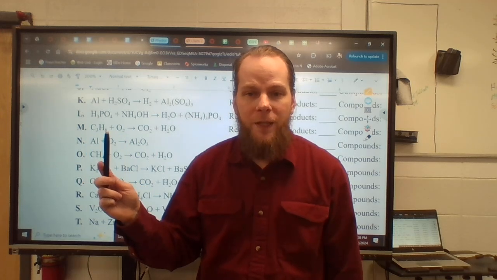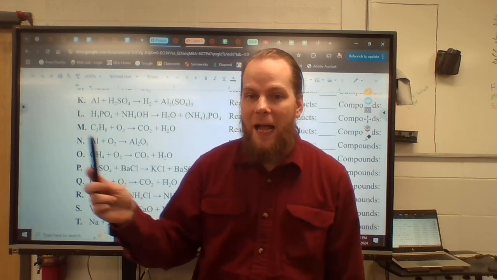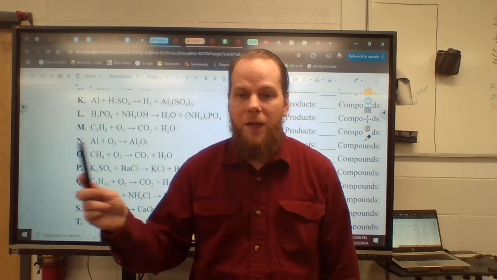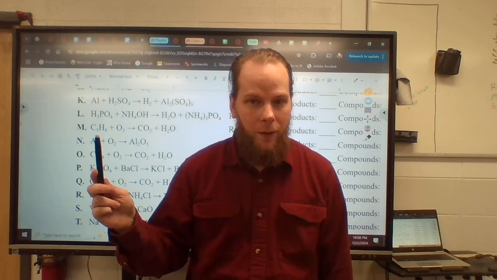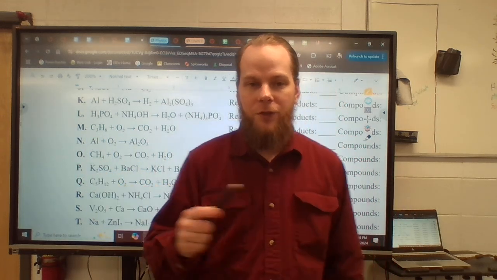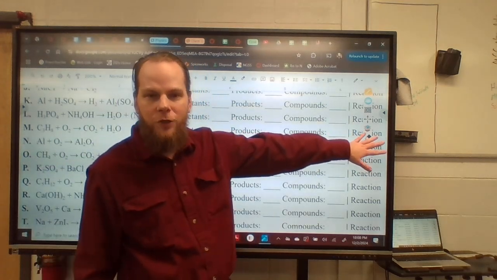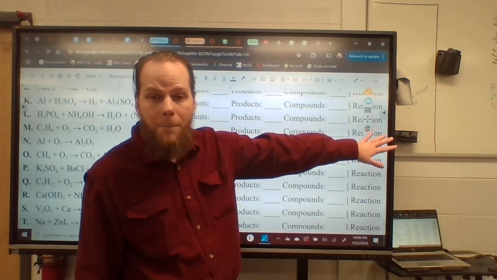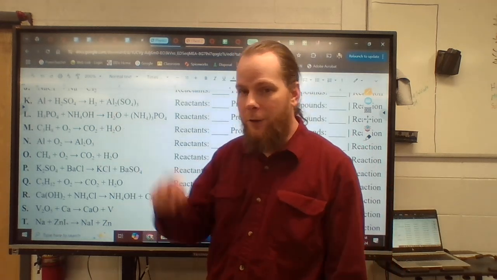So if it's an organic molecule and O2 as the reactants, then this has to be a combustion reaction. So for reaction M, off on the edge of the page, it's combustion, CB. That's how you identify your combustion reactions.